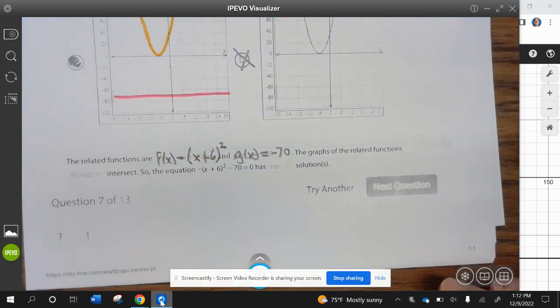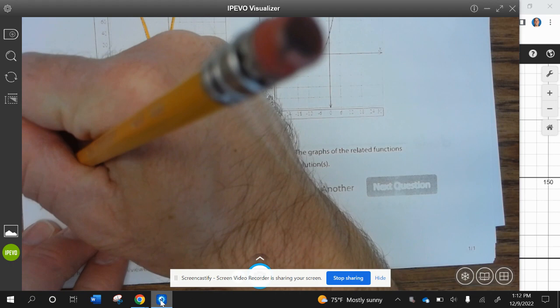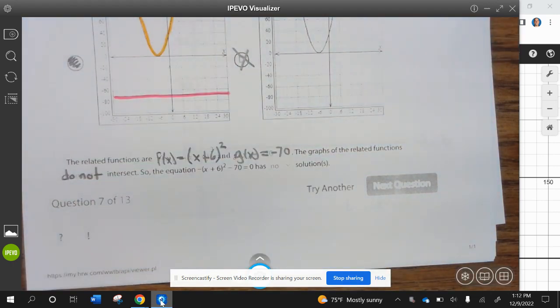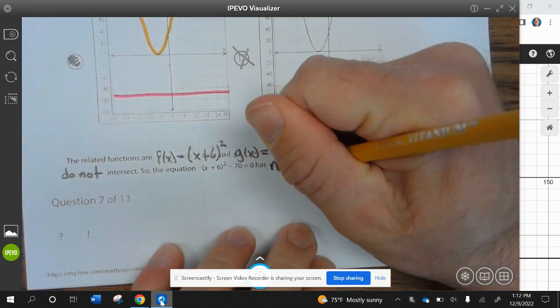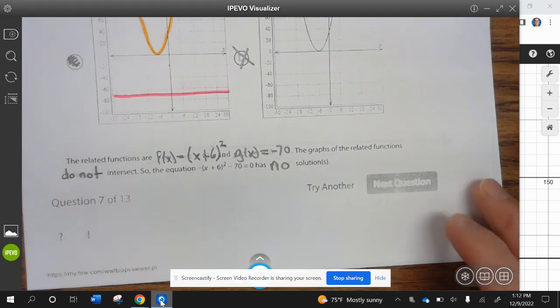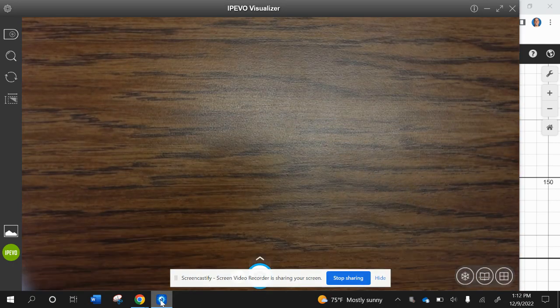The graphs of the related functions do not intersect, so the equation negative (x plus 6) squared minus 70 has no solutions. All right, let's take a look at the next example.